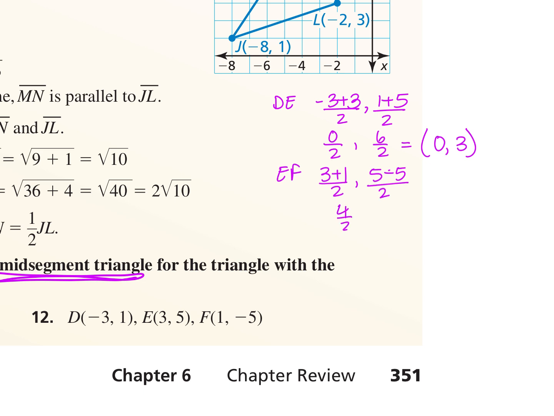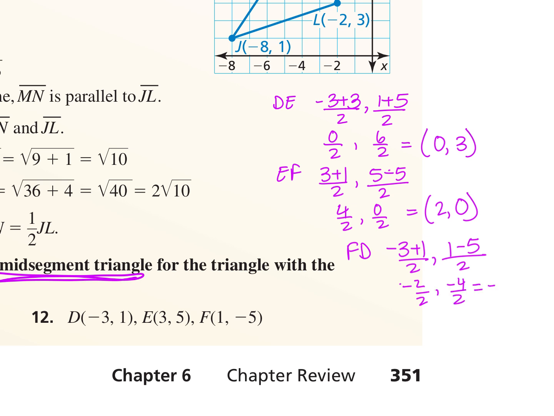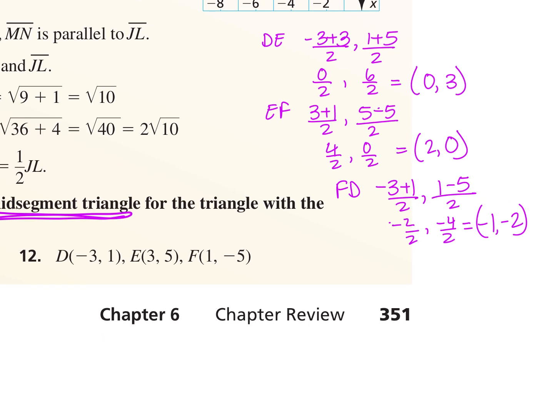I'm going to get 4 over 2 and 0 over 2, which simplifies to 2, 0. And then FD, -3 plus 1, 1 plus -5. So I'm then going to get -2 over 2 and -4 over 2, which simplifies to -1, -2. So my answer for 12 should have been all three of my coordinates: 0, 3, 2, 0, and -1, -2.